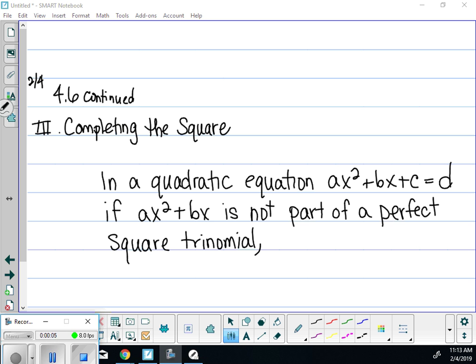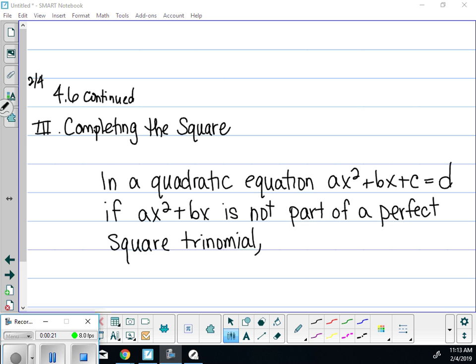Continuing section 4.6, we're going to look at the mechanics of actually coming up with numbers to do what we call completing the square.